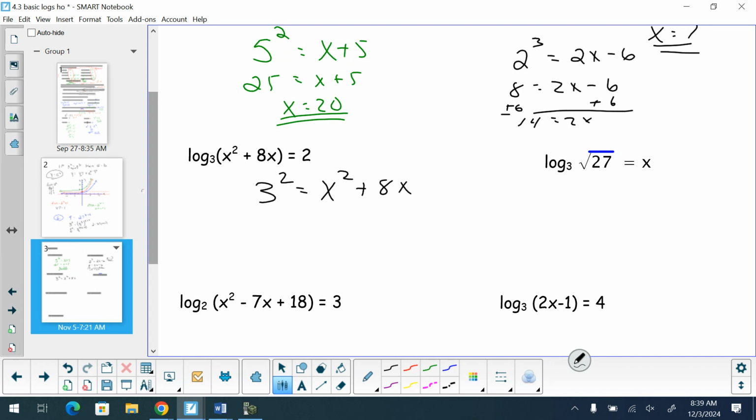Which gives us now a quadratic equation to solve. To solve the quadratic equation, we need to get it equal to 0. So we can add our 9 to both sides.